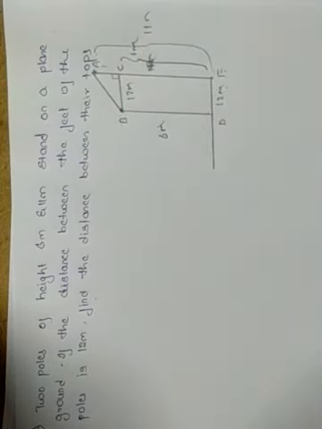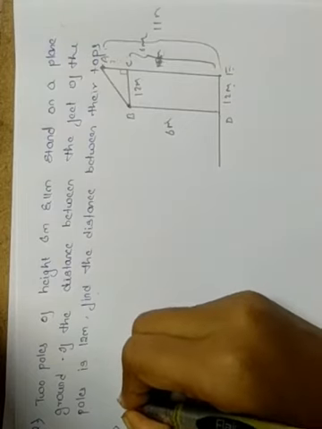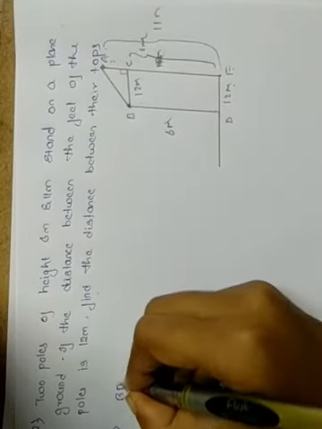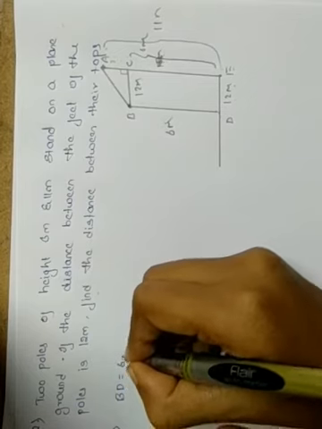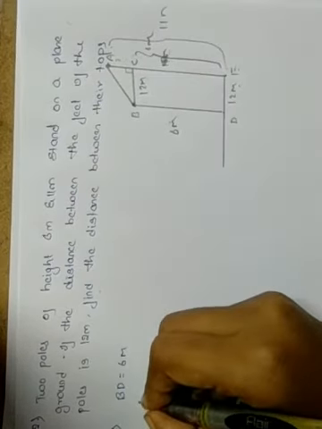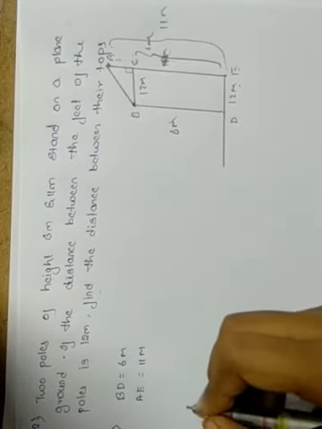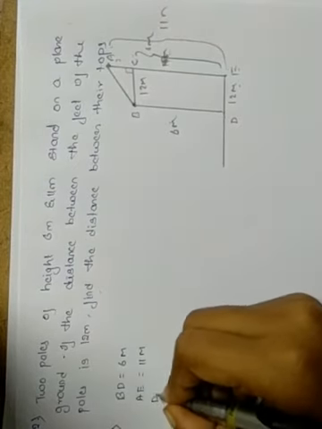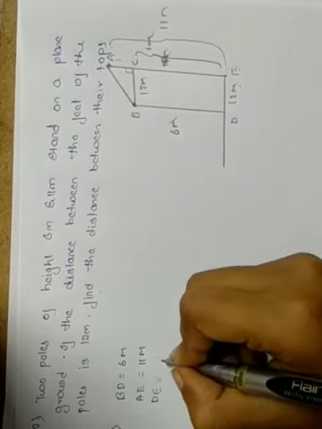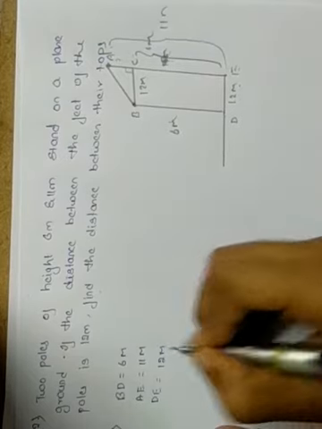So we'll solve it. What have they given? They have given BD is equal to 6 meters, AE is equal to 11 meters, and DE is equal to 12 meters.